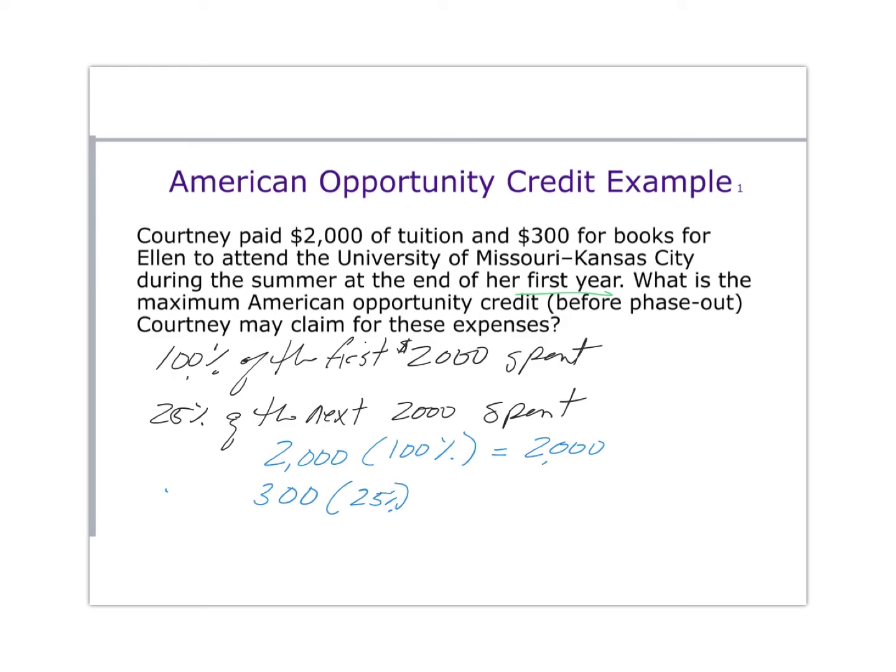And then what is our 25% of 300? That is $75. So her maximum credit, max AOC credit before phase out equals $2,075. Okay, so let's move forward.